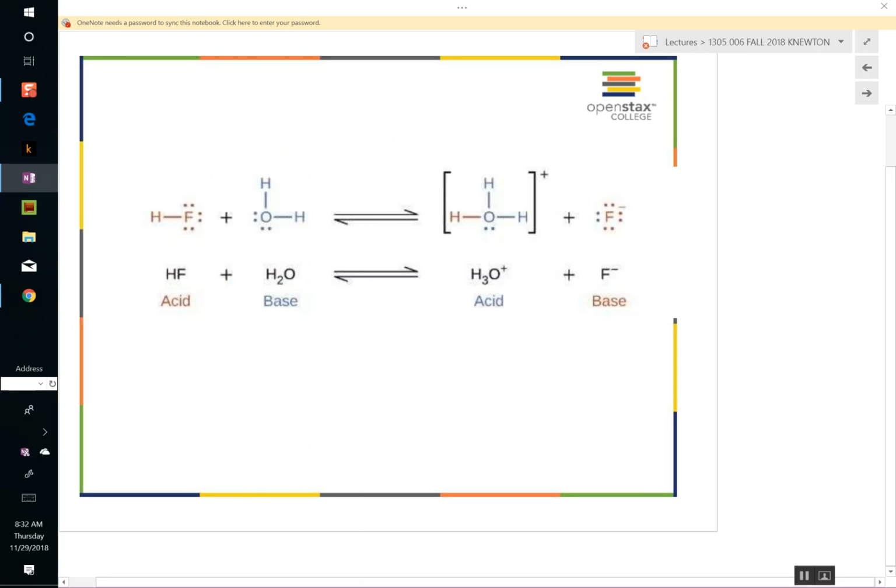Here's hydrofluoric acid, HF. HF all by itself is a gas. But if you bubble HF into water, it will donate a proton to the water and form the fluoride ion. And so you have HF as your Bronsted-Lowry acid, H2O as your Bronsted-Lowry base.